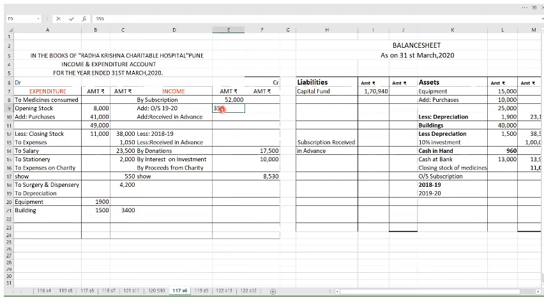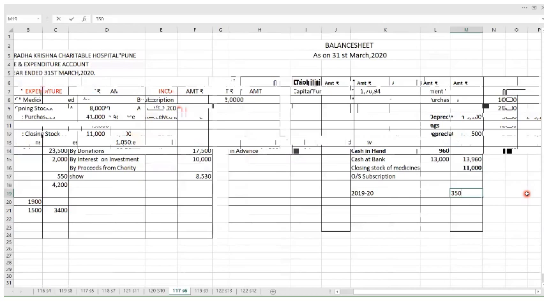This is the subscription, but that one is outstanding. So we're going to add that amount, and the second effect is given. The current year outstanding subscription is 350. After that, last year outstanding is 310. We have to deduct that amount from the subscription.